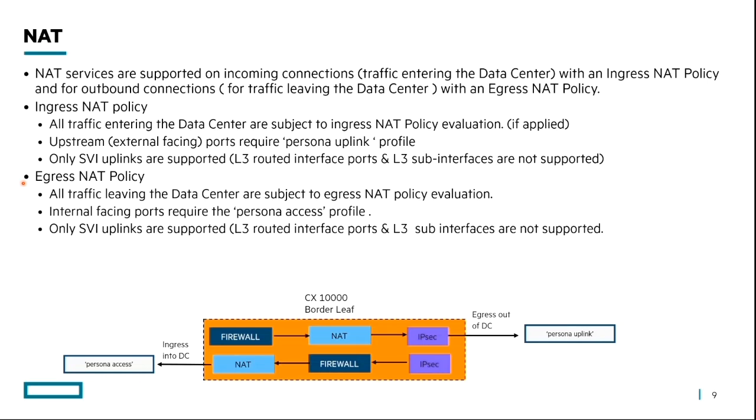Internal facing ports require the persona access profile, and only SVI links are supported. Again, Layer 3 routed interface ports and Layer 3 sub interfaces are not supported. And in both directions, firewall policy, should it be applied, is applied first if it's configured.